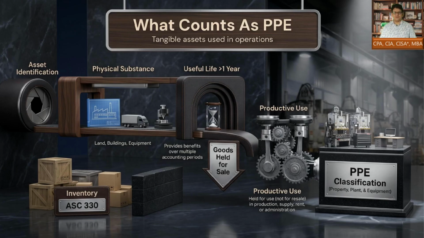Used in operations means the asset supports production, supply, rental, administration, or another operating purpose. If the item is held for sale to customers, it is not PPE. That belongs to inventory under ASC 330. A machine that makes products is PPE. The products sitting for sale are inventory.